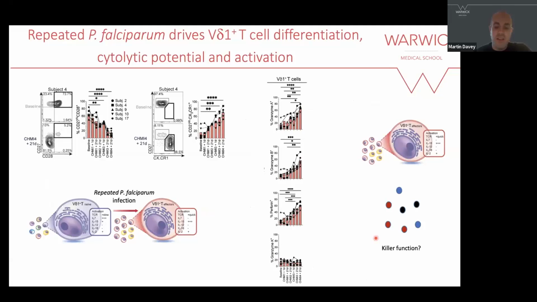Obviously, we'd looked at it quite significantly in the past in healthy individuals. So now we have the perfect setting to start looking at that differentiation between these naive populations and effectors. And obviously, we'd established some nice markers to do this. So, for example, we can see here that in this subject 4 at baseline, the majority of the cells are expressing CD27 and CD28, which are hallmarks of this naive population.